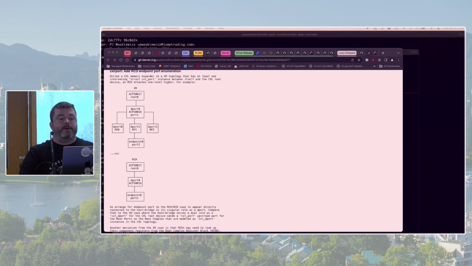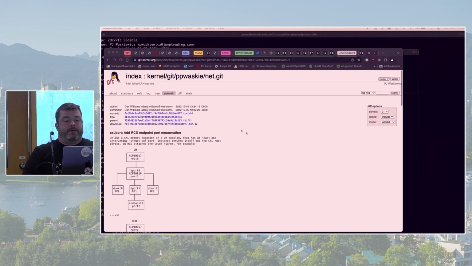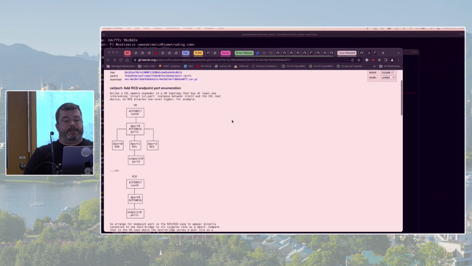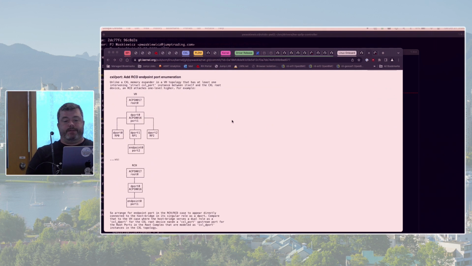Yeah, there it is. Let me find my mouse pointer here. So this is from Dan. This is a patch from late last year. Don't worry about the terminology here, but the thing to really look at is that the root of all of these hierarchies for the memory devices starts with this ACPI 0017 table.